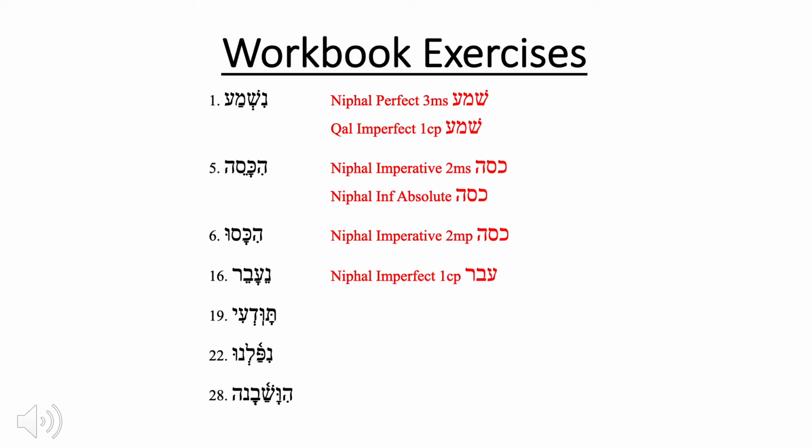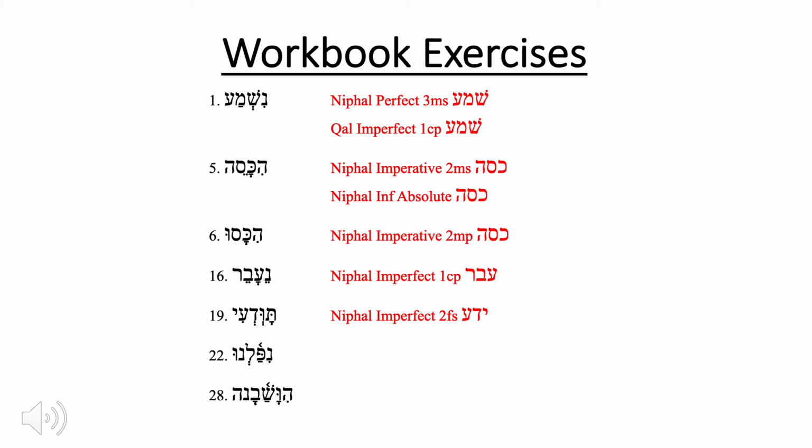What about number 19? How do we parse this one? Number 19 is actually pretty straightforward. We have the tav plus the hireq plus the dagesh in the vav plus a qamets underneath the vav plus the hireq yod at the end. The tav and the hireq yod at the end show us that this is a second person feminine singular.